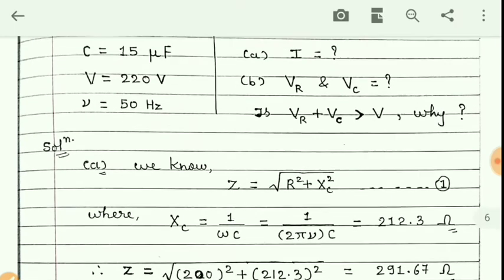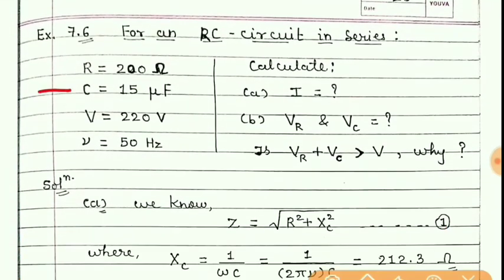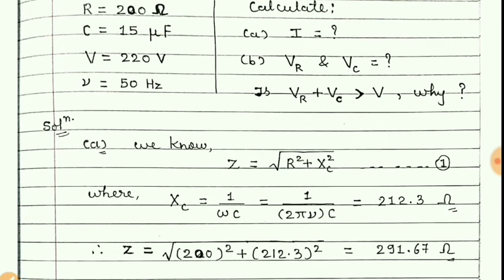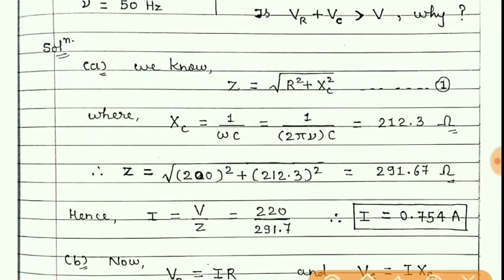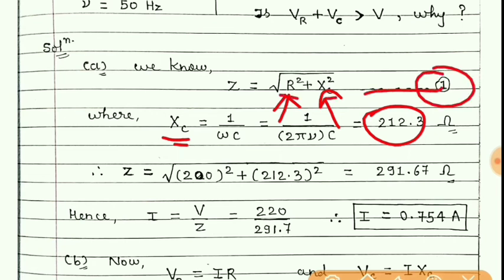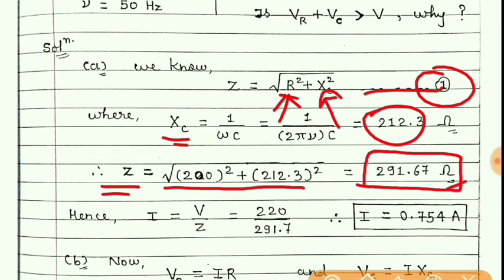Students, when you put the value of capacitor, see here it is micro, means 10 raised to minus 6, so you have to take care about that. Now we obtained this Xc, R is given, so just put the values of R and Xc in this equation number 1. You will get the value of Z, which is equal to 291.67 ohm. So impedance is obtained.